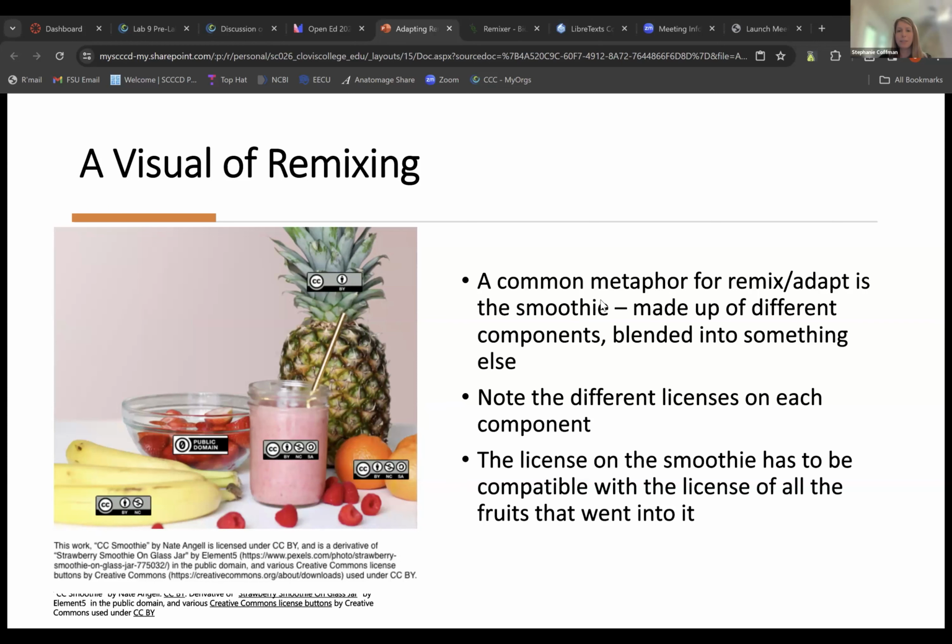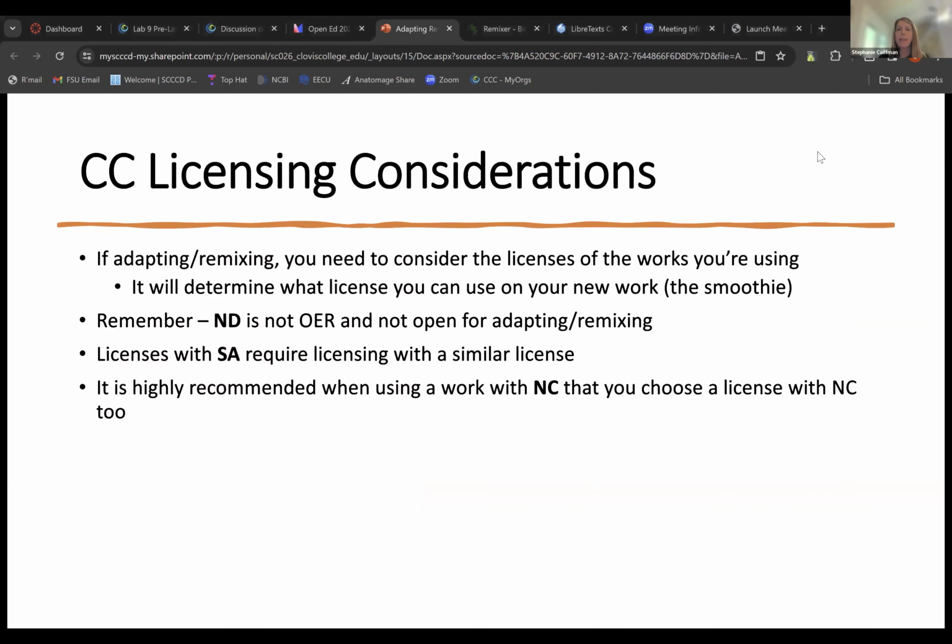So I'll show you guys this chart, kind of summarize. There's a chart that summarizes all of the considerations. But when we are adapting and remixing, we need to think of a couple things. First, if it has a non-derivative, it's out. You cannot adapt and remix something that has a non-derivative element on it. Like our smoothie, licenses that have an SA require that whatever you create with it has the same license on it, right?